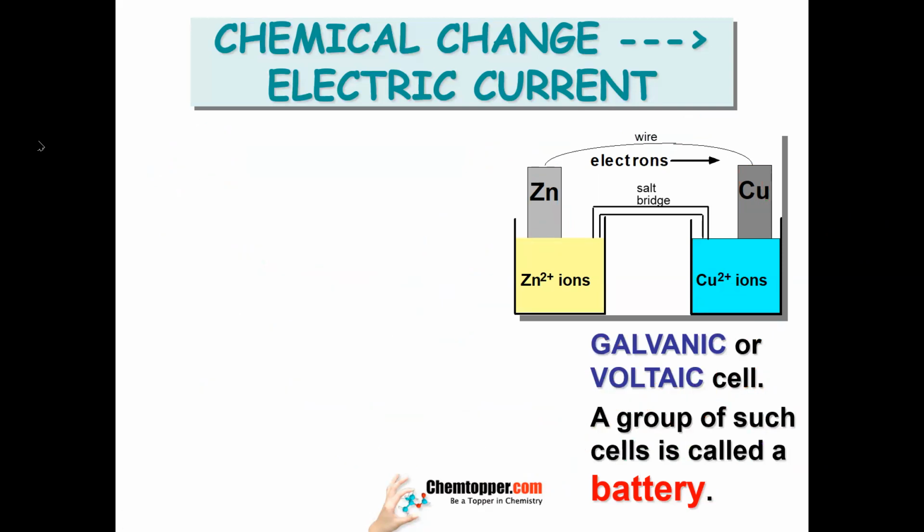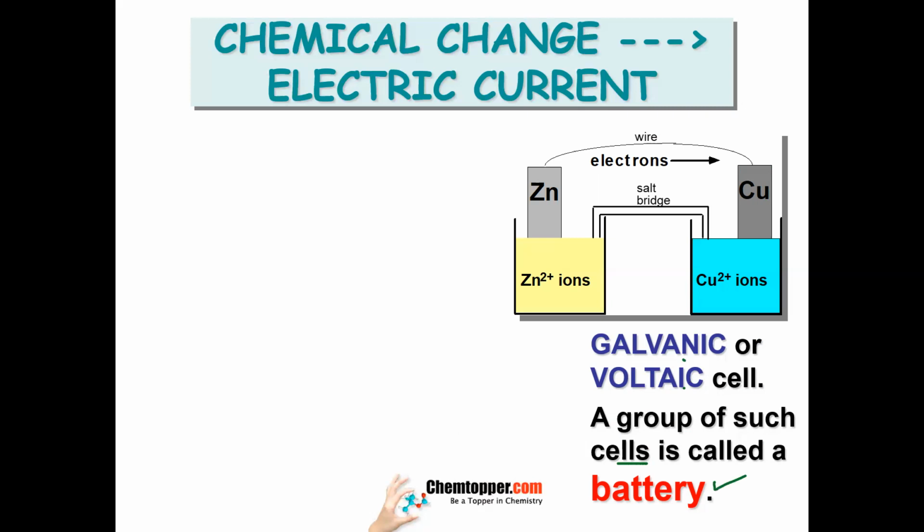And if you use a group of cells like this, in some cases we need more cells. We call it a battery when we are using multiple cells. A group of such cells, galvanic cells meaning spontaneous, is called a battery.